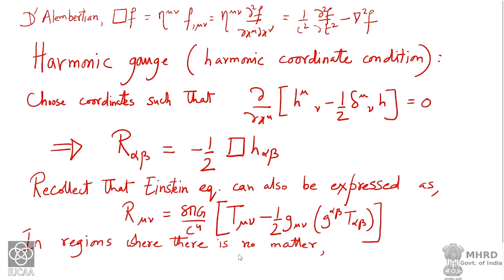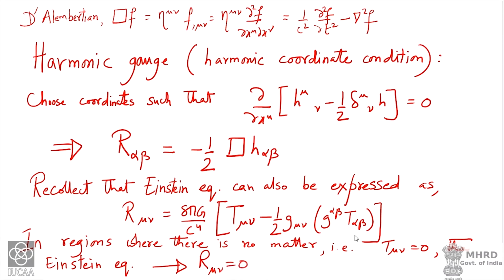The energy momentum tensor is 0. The Einstein equation is simply R mu nu is 0. So, in other words, Einstein's theory tells you that in the region where there is no matter, the equation is simply Ricci tensor is equal to 0.